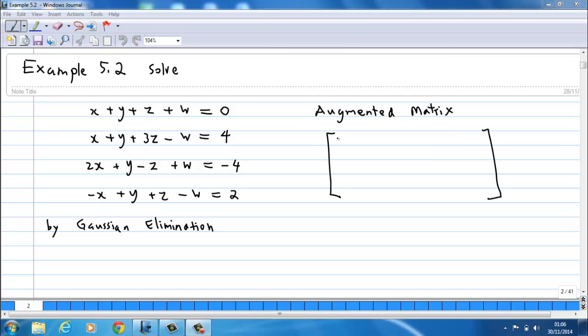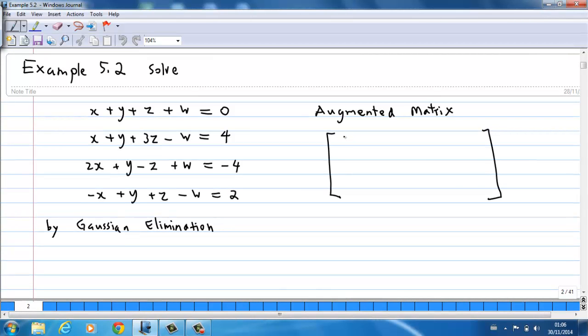First, we write down the augmented matrix, which is a 4 by 5 matrix now. The first row is 1x, 1y, 1z, 1w equals 0. Second row is 1x, 1y, 3z minus 1 times w equal to 4.